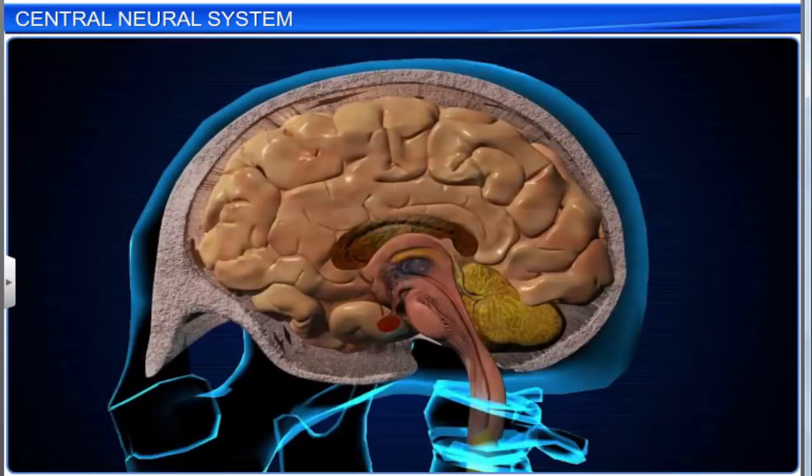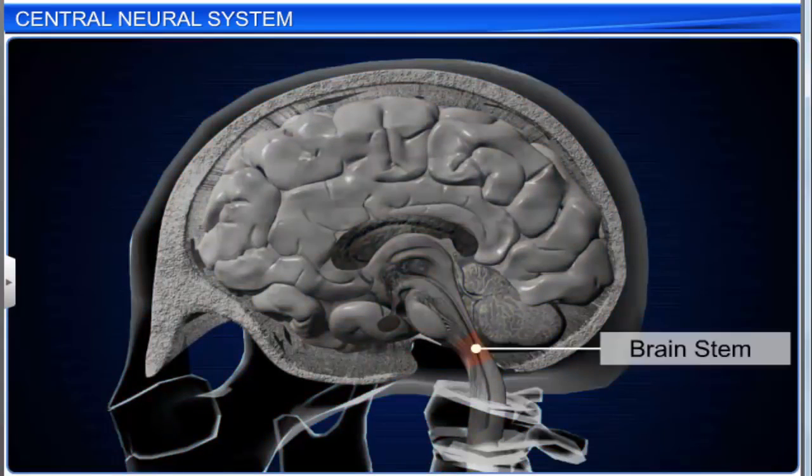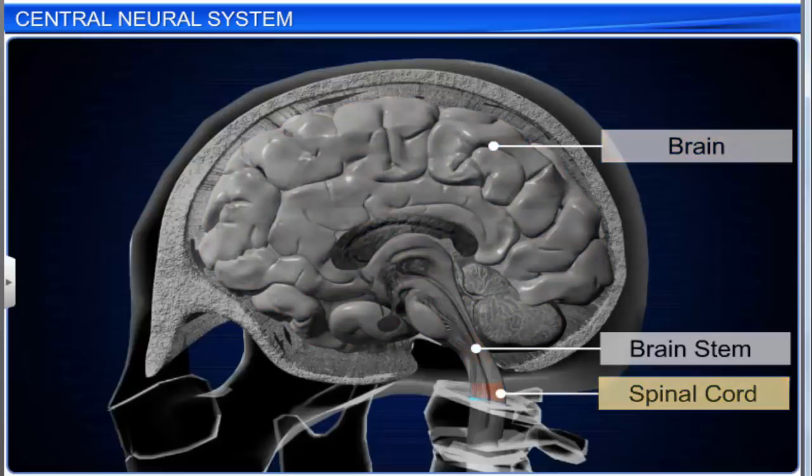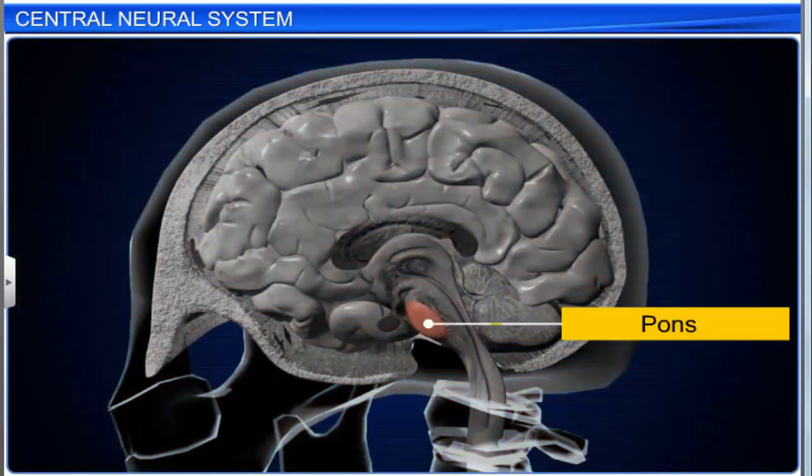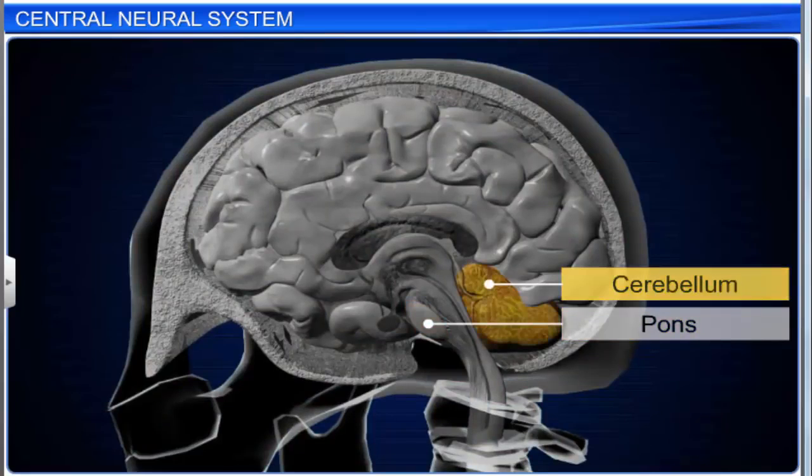The midbrain and hindbrain form the brain stem. It acts as a relay station for auditory and visual information. That is, every impulse conducted between brain and spinal cord passes through the brain stem. The hindbrain is formed of the pons, cerebellum, and medulla oblongata.